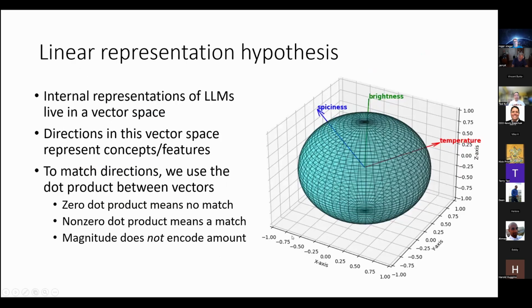The key idea that underlies all of this mechanistic interpretability research is the linear representation hypothesis, that the residual stream is a vector space, if you remember your math, and that different directions represent different concepts.